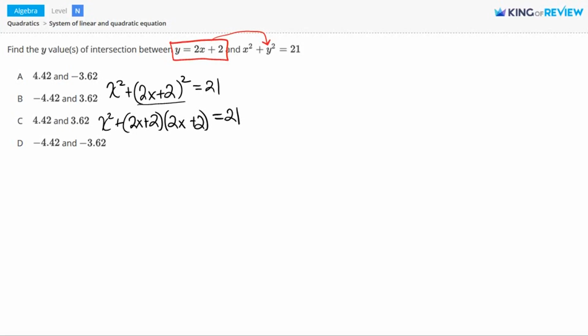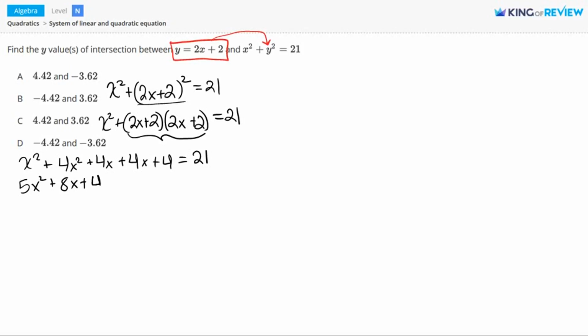Now we have x squared plus, and I'm going to multiply this out using FOIL, 4x squared plus 4x plus 4x plus 4 equals 21. Combining like terms, we get 5x squared plus 8x plus 4 equals 21.